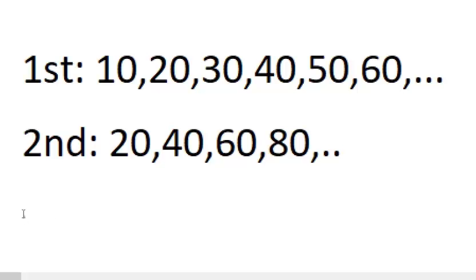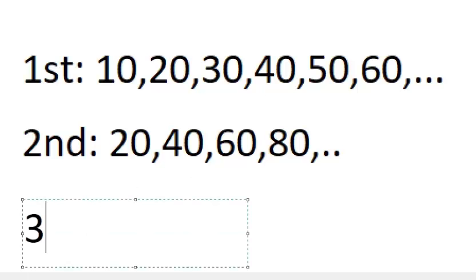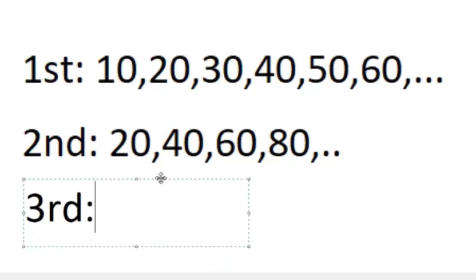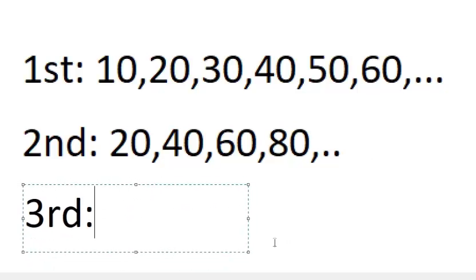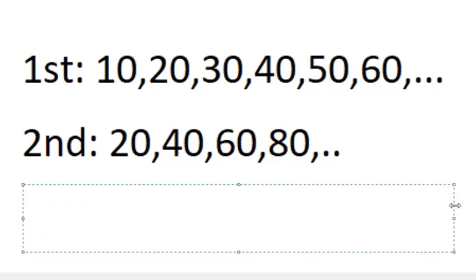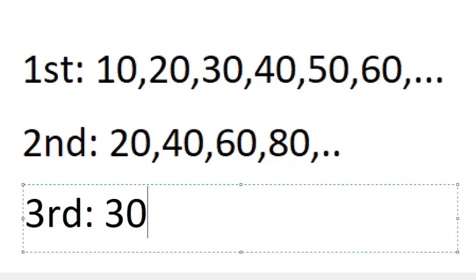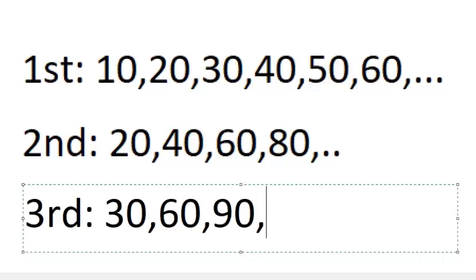Okay, now the third alarm sounds every 30 minutes. So it's gonna sound for the first time, and then 30 minutes later it's gonna sound again, then 60 minutes later it's gonna sound again, then 90 minutes later it's gonna sound again, and so on.